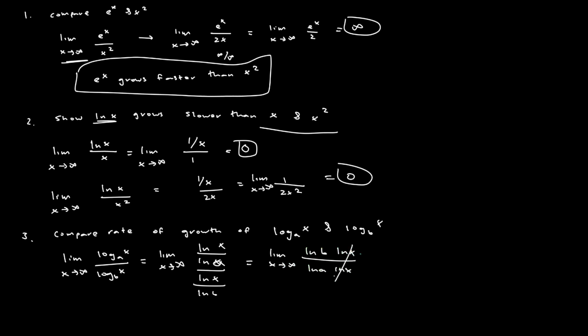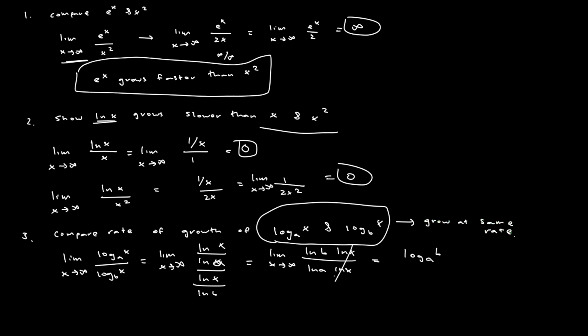And I end up with ln b over ln a, and that's just dividing two constants, and you can just rewrite this as log of b base a. And this is a constant, and therefore these two logs grow at the same rate because we got back a constant that's not equal to 0. So they grow at the same rate.